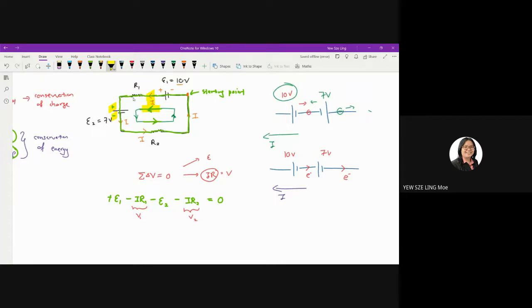But if your imaginary path and your actual current are flowing in opposite directions, then by right it should be negative IR, but because they are against each other, you have an additional negative. Therefore, you have a positive IR. That's why straight away we say it is positive IR. Right?